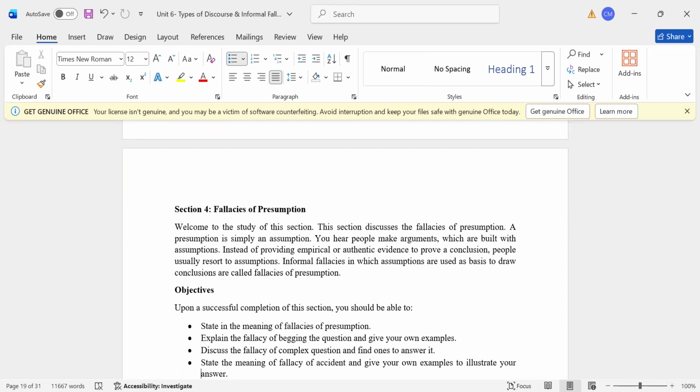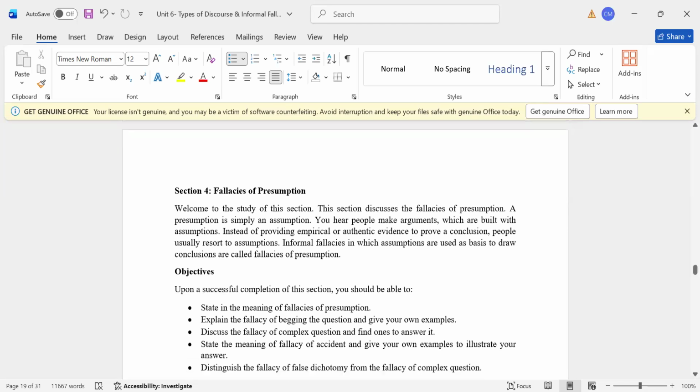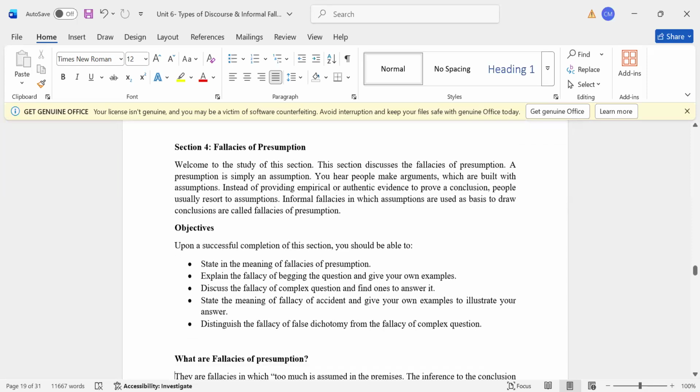Either you assume the facts and then you draw a conclusion, or you make an assumption of the conclusion.